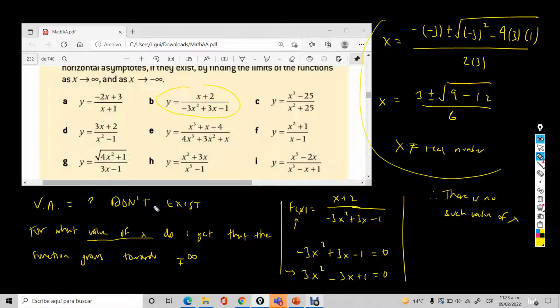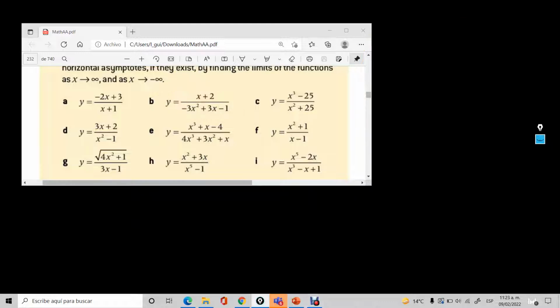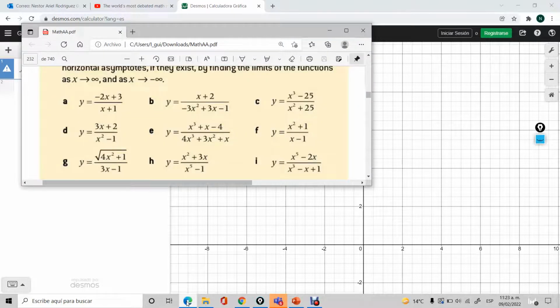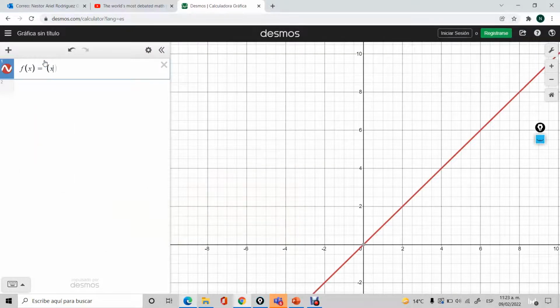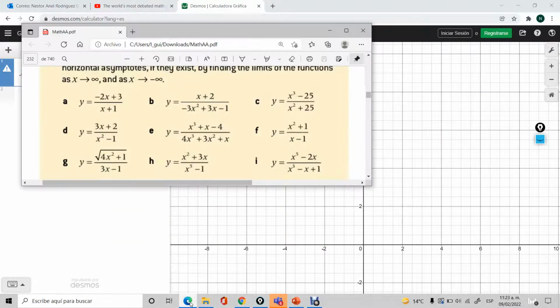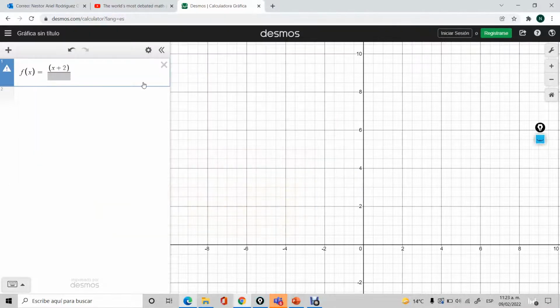So let's see if I'm correct. Remember, the horizontal asymptote was 0 and the vertical asymptote does not exist. So let's see if that's actually true. Let's graph this thing. Let's go to Desmos. What was the function? Once again, x plus 2, and minus 3x squared plus 3x minus 1.